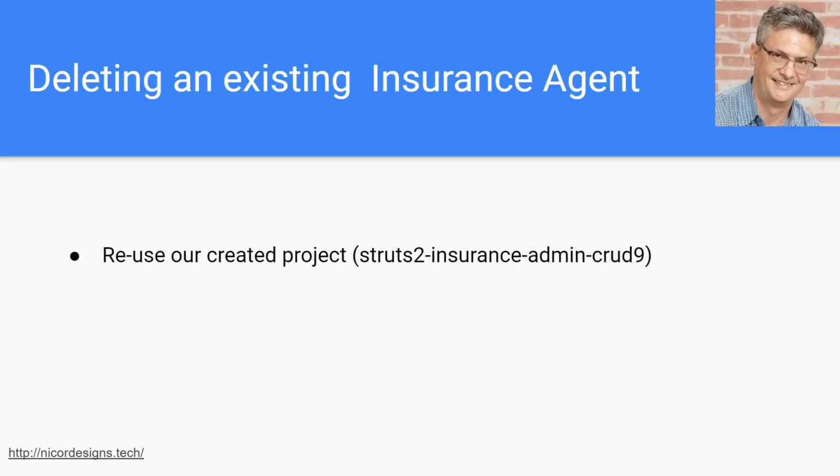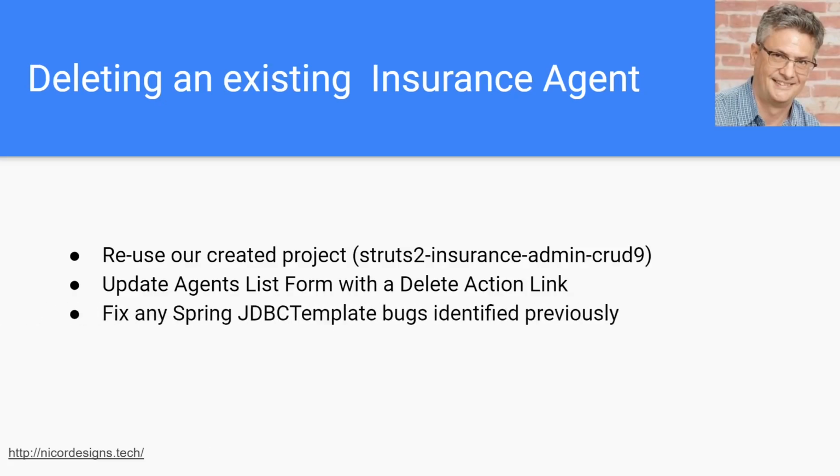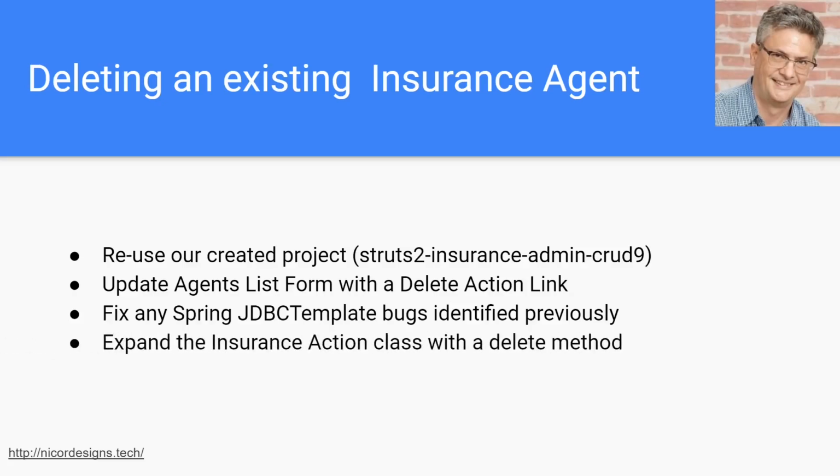First, we will reuse our created project from our previous lecture. Then we will update the agent's list form with a delete action link. We will also fix any Spring JDBC template bugs that we identified previously in our insert and update agent lectures. Then we will expand the insurance action class with a delete method.